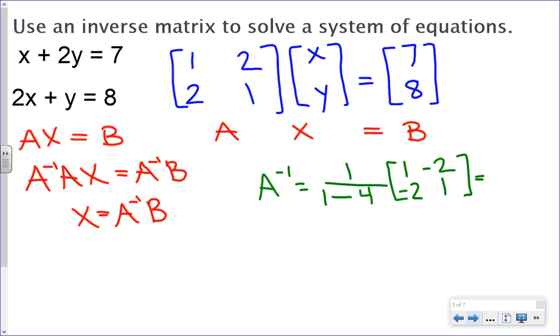So we have 1 over negative 3 that we're going to multiply to our switched around matrix. So our inverse is negative 1/3, positive 2/3, positive 2/3, negative 1/3.